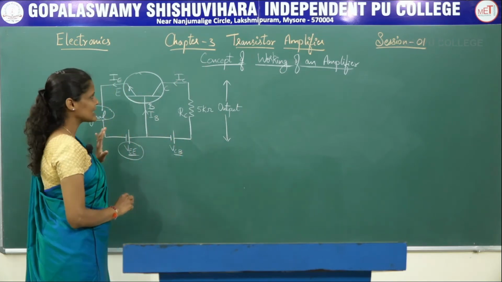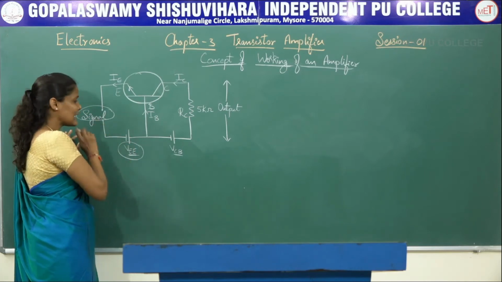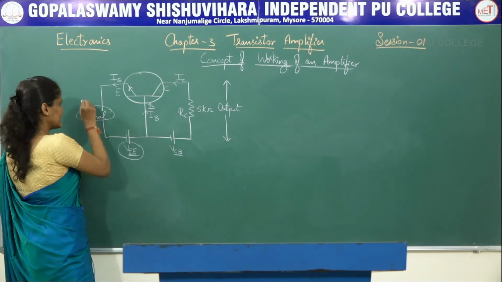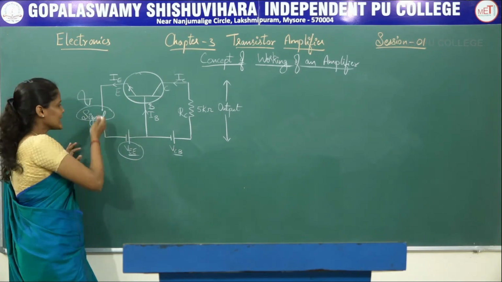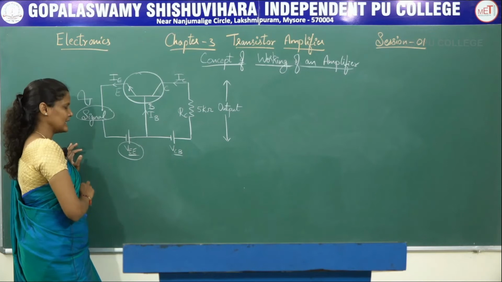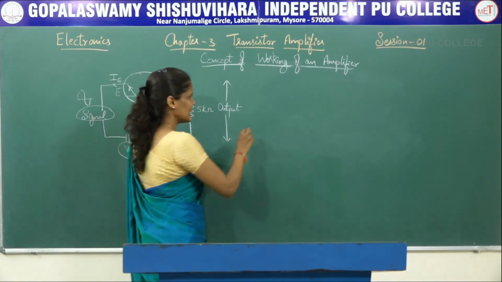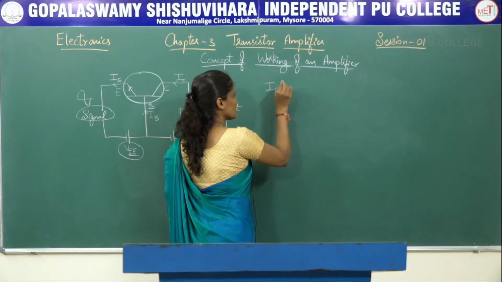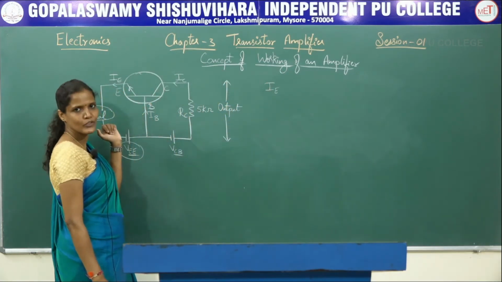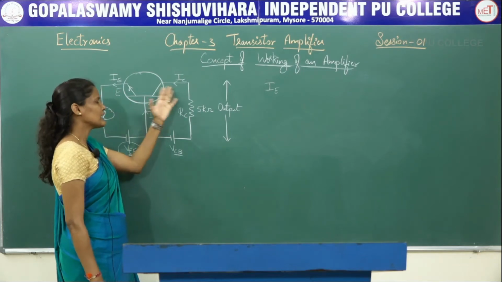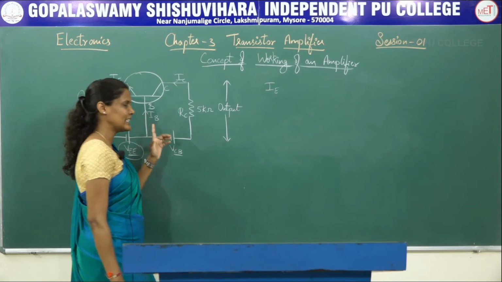So in order to understand the working of an amplifier, as soon as the signal is applied, that is, we are going to apply an AC signal, there is a flow of current called IE. The current starts flowing in the emitter. But since IE is flowing through the transistor, there is a production of the collector current IC.